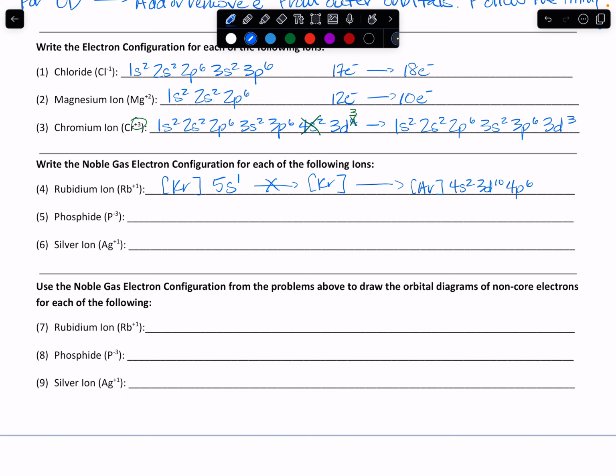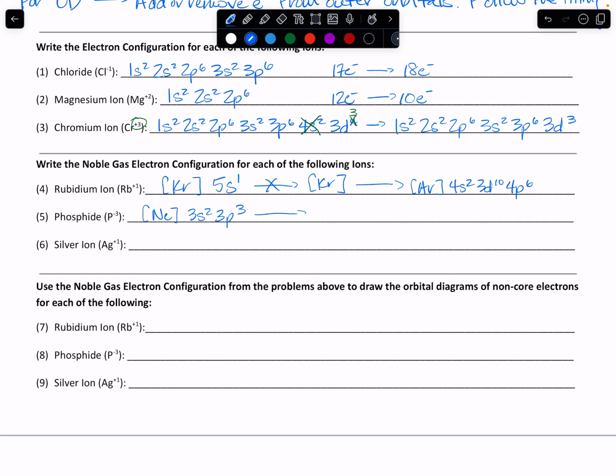So let's look at phosphide. We look at phosphorus, we go up a row, and we have neon, and then we write the configuration for the row we're in, 3s2, 3p3. Now we're going to gain 3 electrons here. It's actually a little easier for the anions.